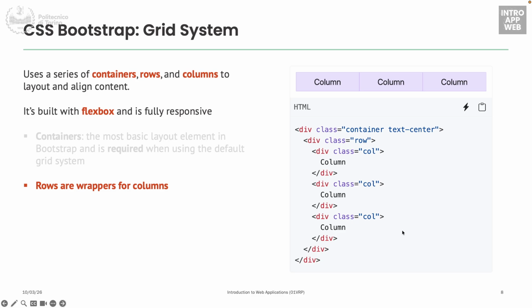If you take a look at this code, what do you think is happening there? First of all, we have the container, right? So everything starts with the container class. Up to now, we already know that everything has to start with a container.